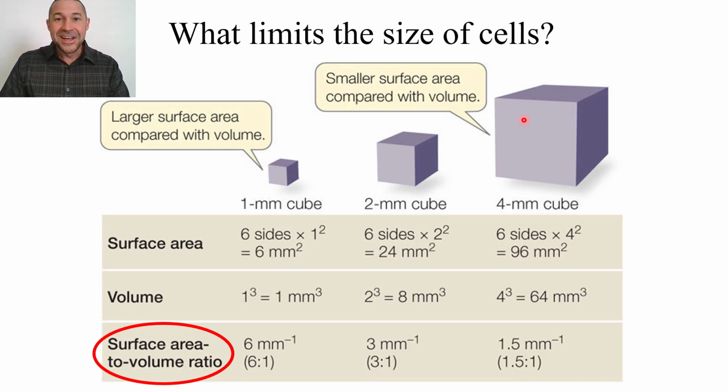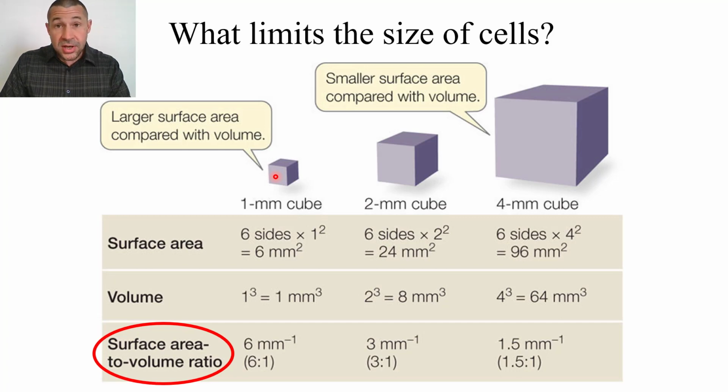Now, obviously, cells are not cube-shaped, but cubes make it easy to demonstrate this basic physical property. So a cube that has sides that are 1 millimeter in length means that one surface is equal to base times height, 1 times 1, or 1 millimeter squared.